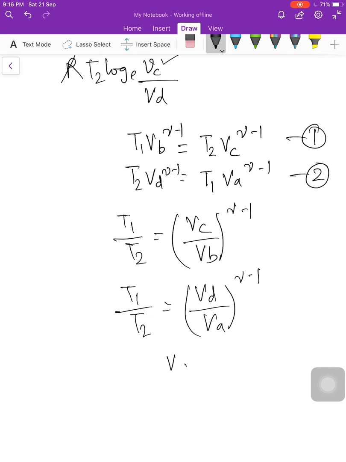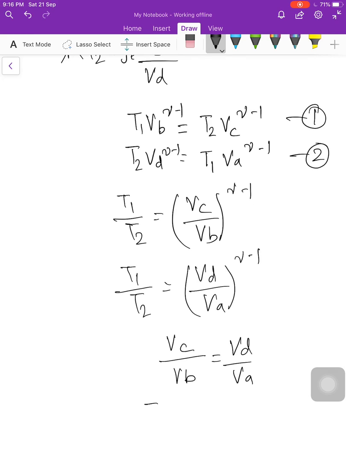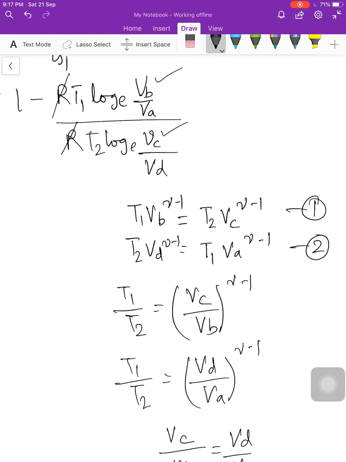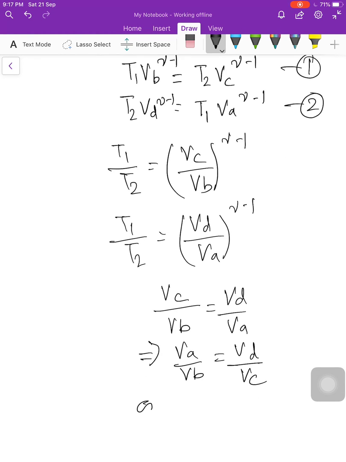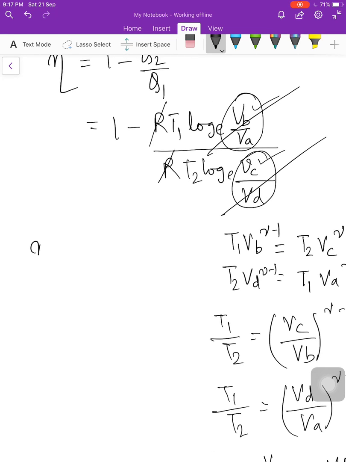So indirectly I have proven VC by VB is equal to VD by VA, which I can also write as VA by VB equals VD by VC, or VB by VA is VC by VD. So as you can see, using this, these two logarithm terms are equal, and so they are getting cancelled. So the efficiency eta is reduced to 1 minus T2 by T1.